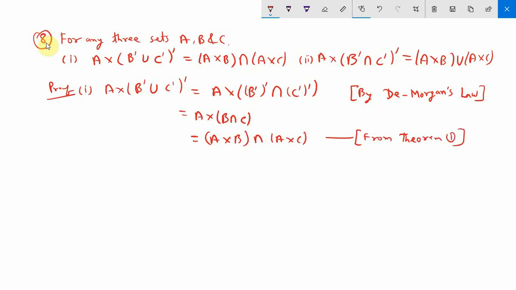Okay. So second one is A × (B' ∩ C')' equal to A × ((B')' ∪ (C')')'. So this we can write as, this is by De Morgan's law.